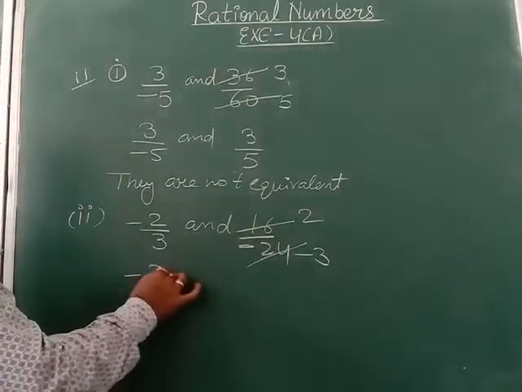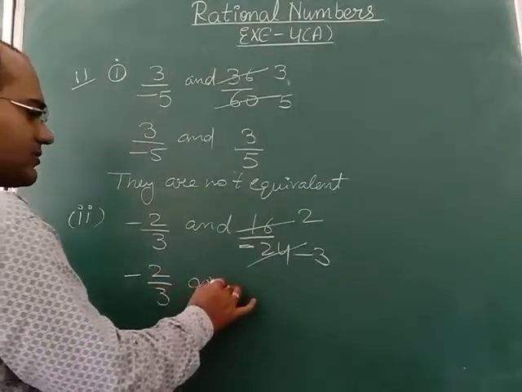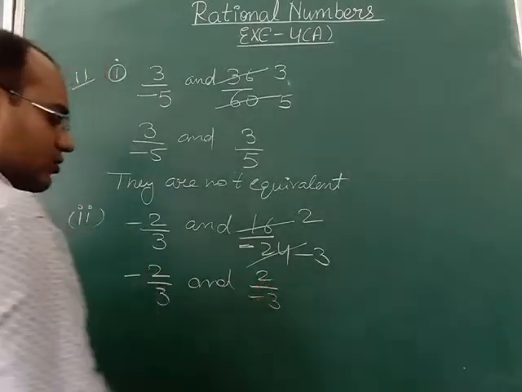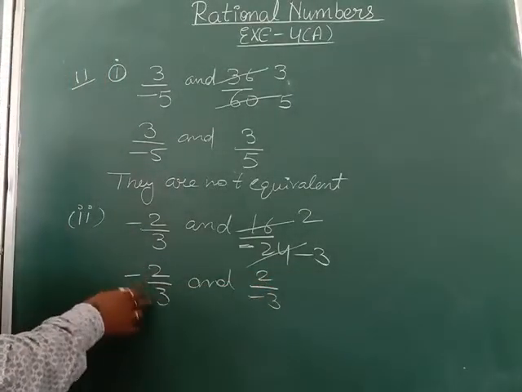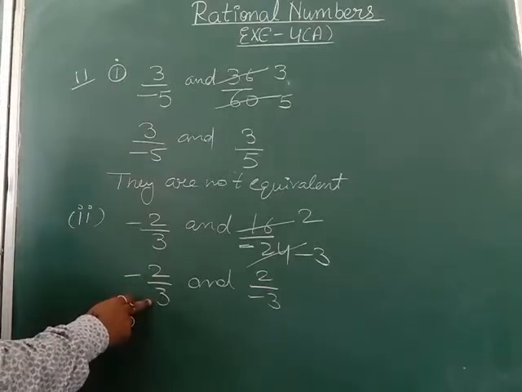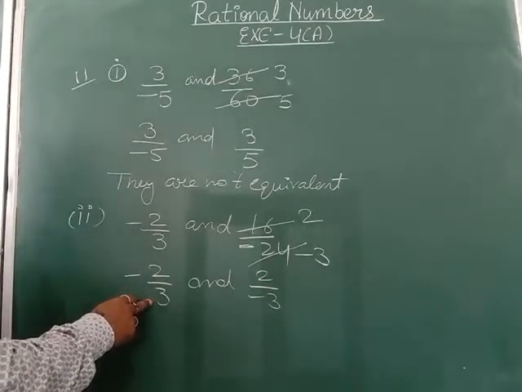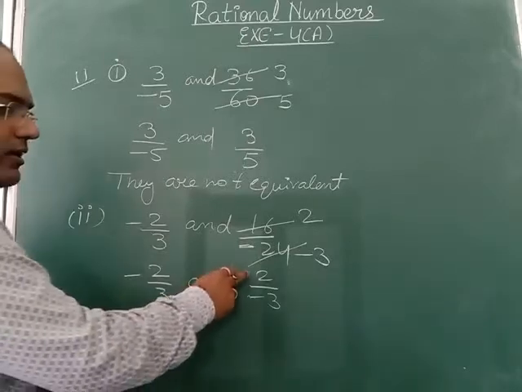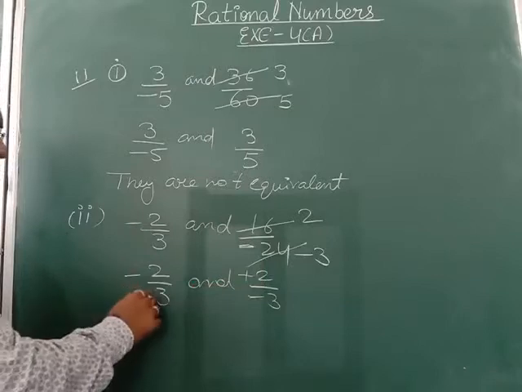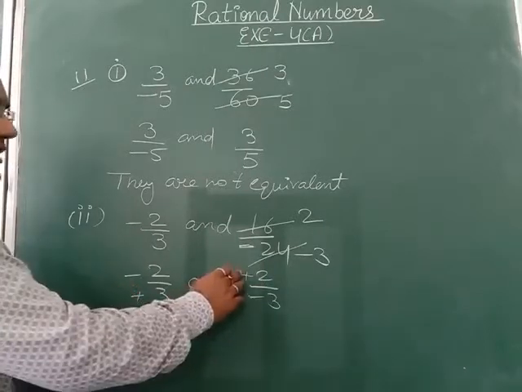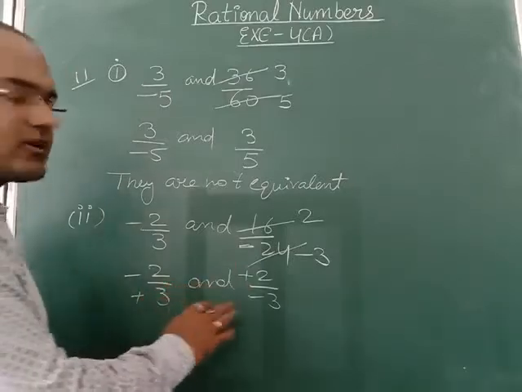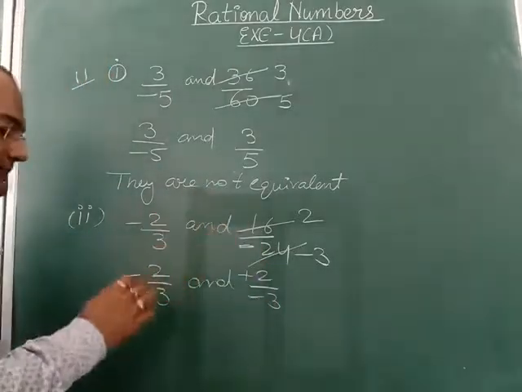So this is minus 2 upon 3 and this is 2 upon minus 3. If we check the sign, here it is minus, and in the denominator no sign is given, that means this denominator is plus. Here it is plus and here it is minus. So minus and plus will become minus, and this one also, minus and plus will become minus. That means the sign of both these rational numbers is the same.